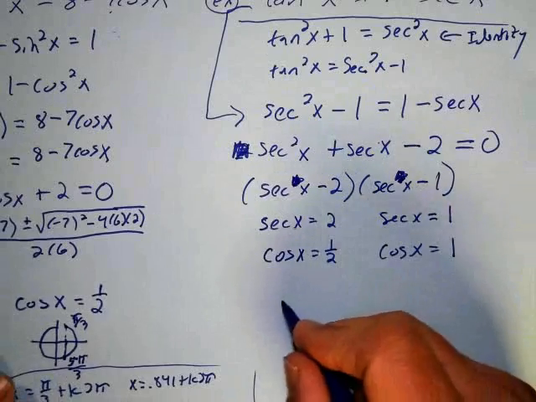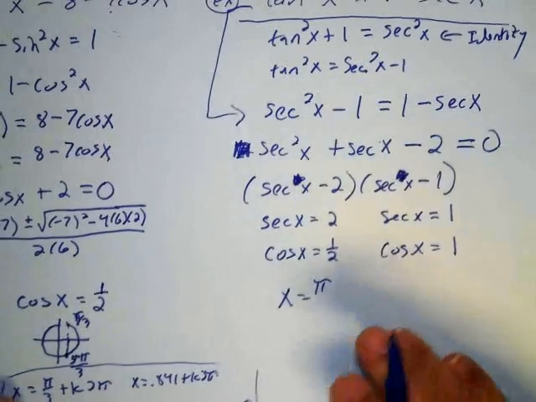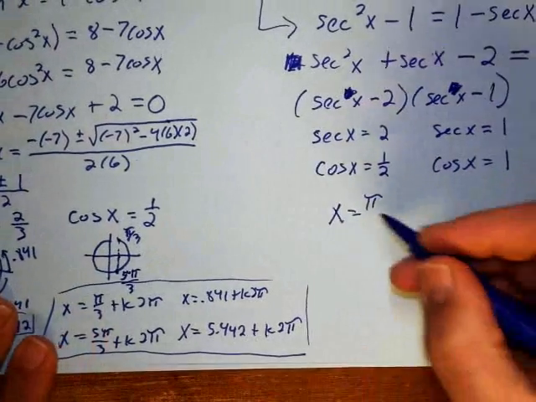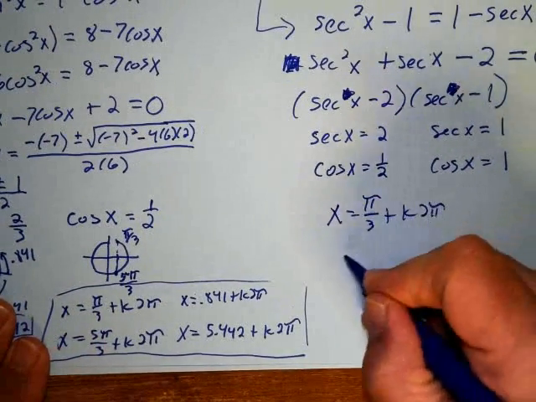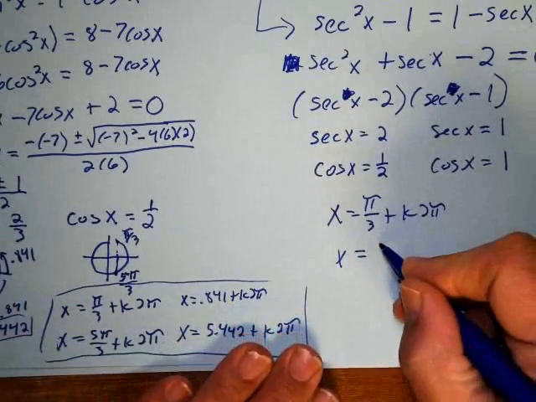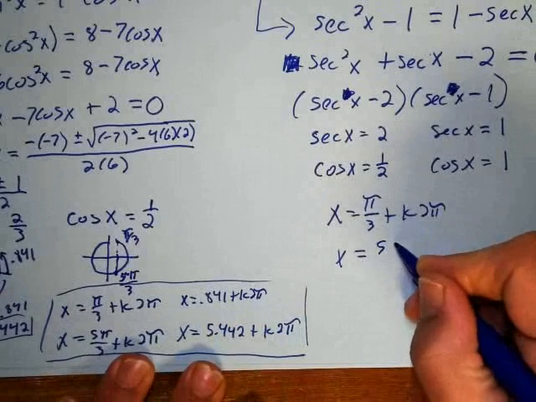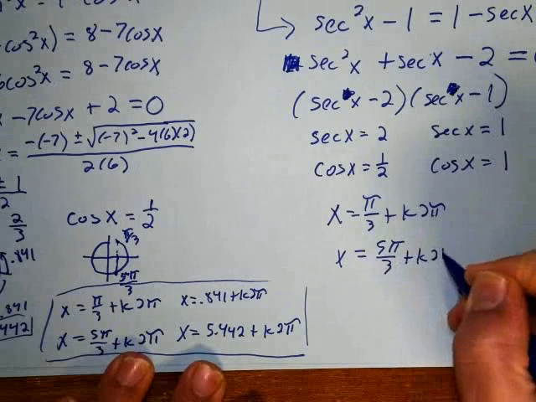And I solved this one here. So x is equal to pi. I solved it down here. X is equal to pi over 3 plus k times 2 pi. X is equal to 5 pi over 3 plus k times 2 pi.